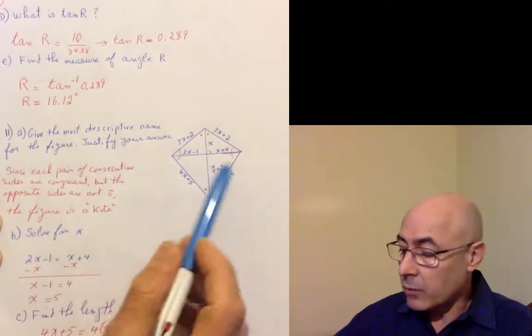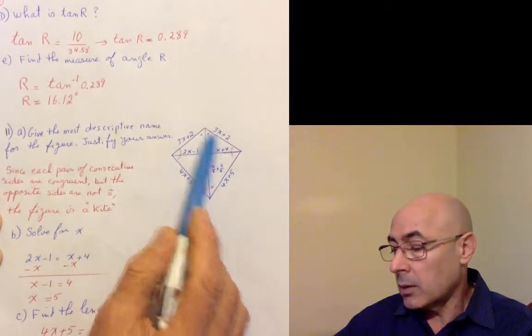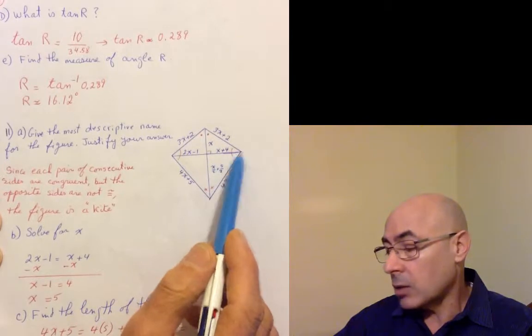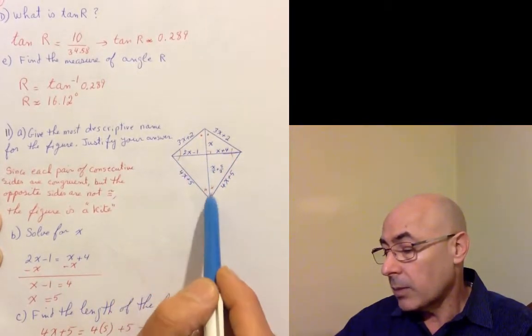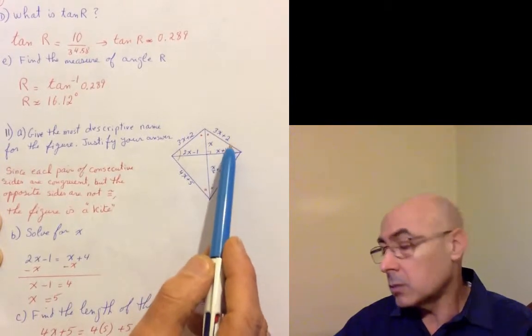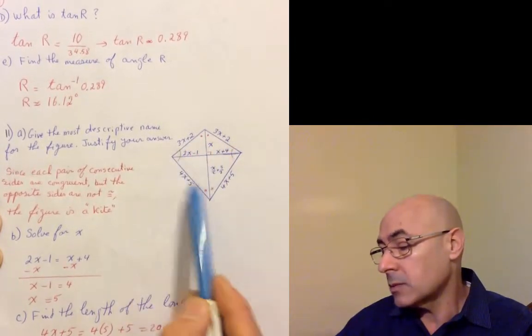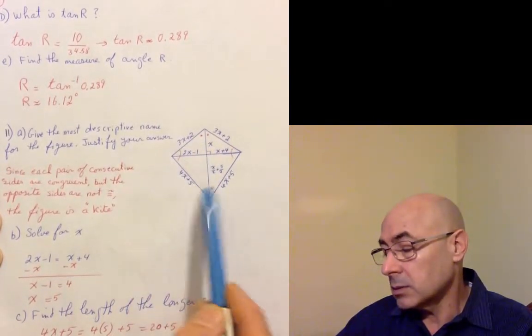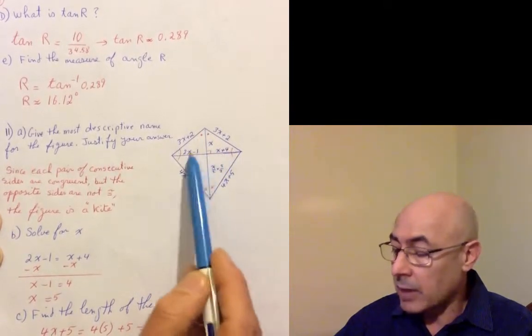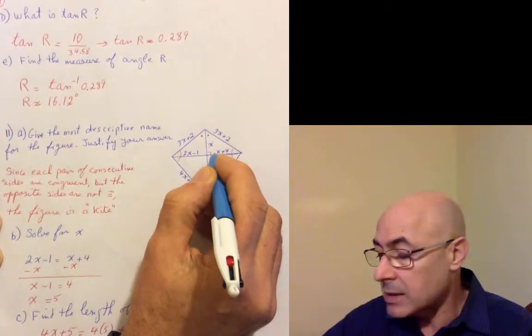Now we want to solve for x. When this is a kite, the two diagonals are not congruent, but the diagonal going between the two congruent sides divides the angle and also divides the other diagonal. So only one diagonal is bisected, this one.